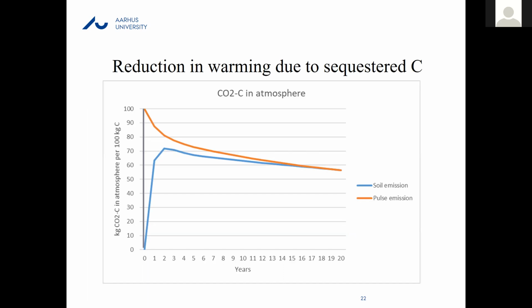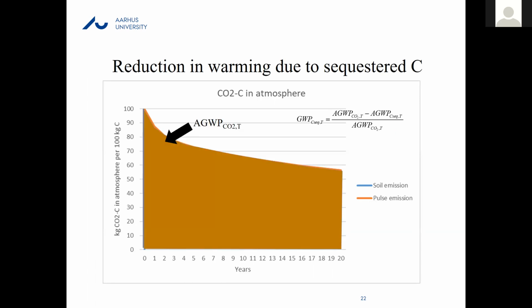If we join the tops of the columns in the previous graph, we get this figure. Remember that the absolute global warming potential of carbon sequestration depends on the difference between the pulse emission and the emission of the carbon that's sequestered.